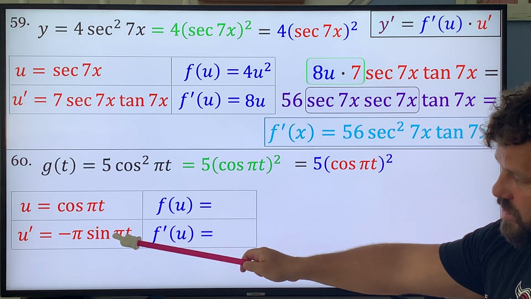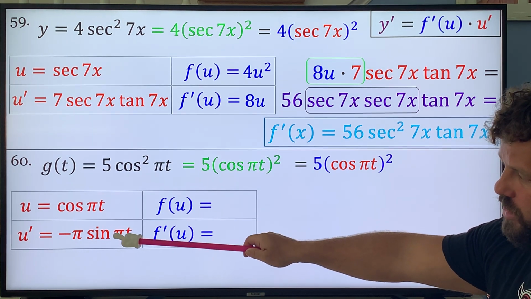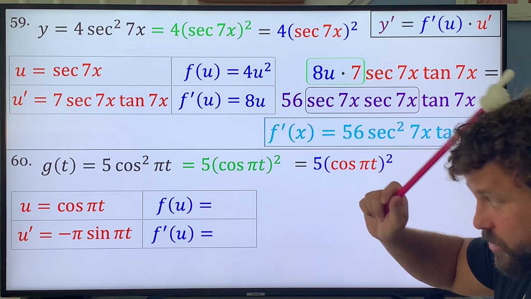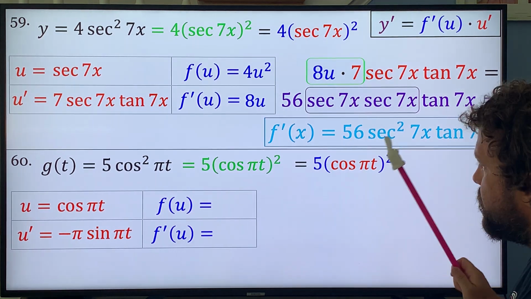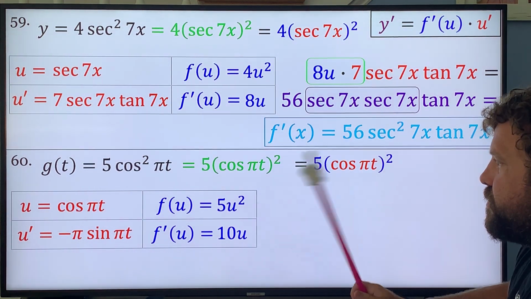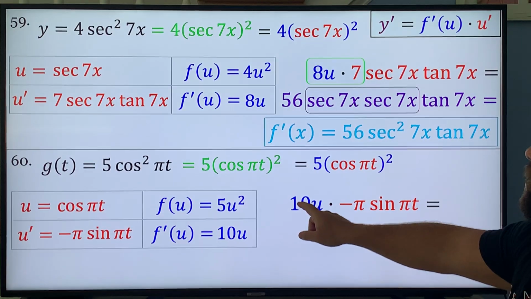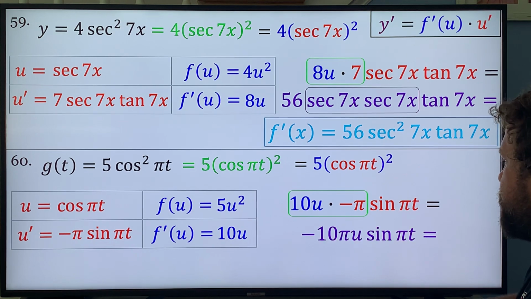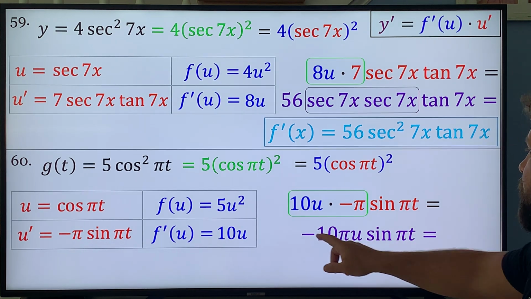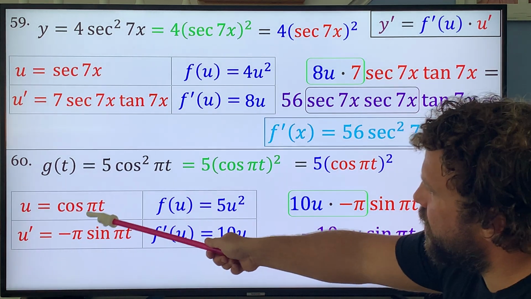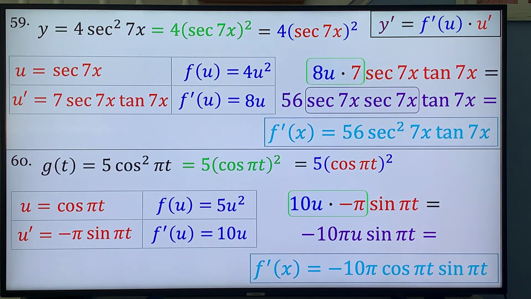So this was actually chain rule. We're using a chain rule to get this, but you're doing it in your head now because you're so good at this. F of u is 5u squared, 10u. 10u times negative pi sine pi t, negative 10 pi u sine pi t, negative 10 pi cosine pi t sine pi t.